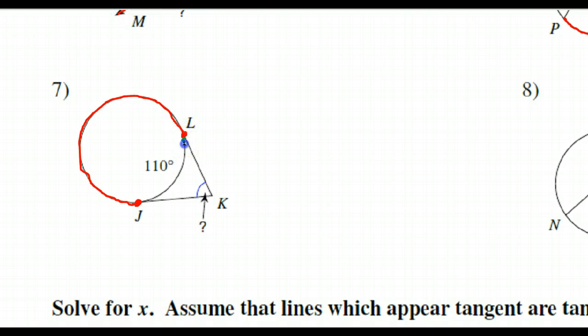And the small arc, the minor arc, goes like this. Again, since they actually gave us one of the arcs, to find the other one, we will just subtract from 360. So we will simply do 360 minus 110. Alright, so that's just going to be 250.